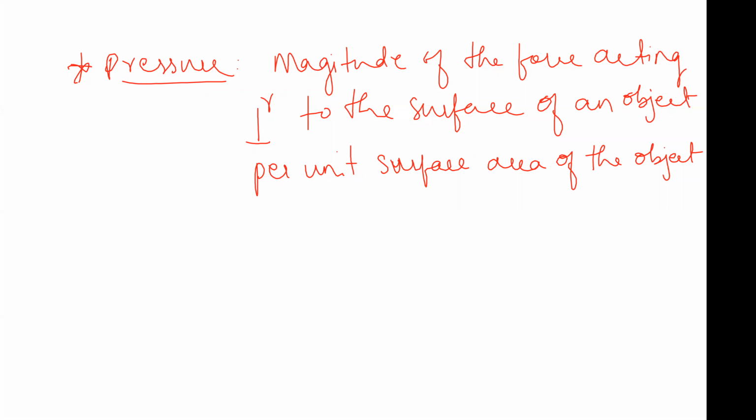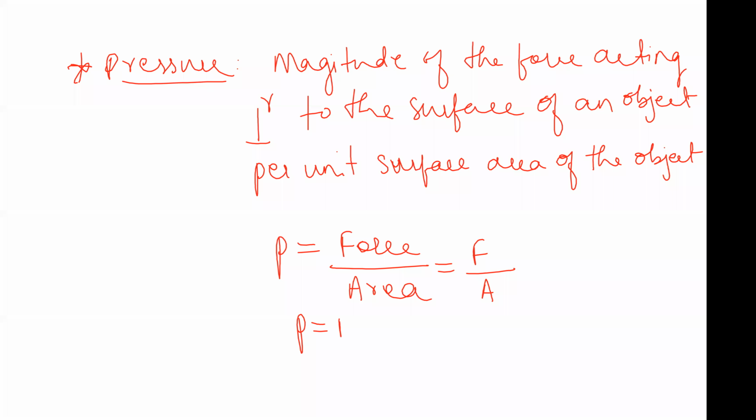So it is a constant force, magnitude of force F, normal to the surface of area A. Then the pressure acting on the surface is given by the formula P is equal to force by area. And here force is denoted by the symbol F and area is denoted by A. So therefore, pressure is given by the formula force by area.